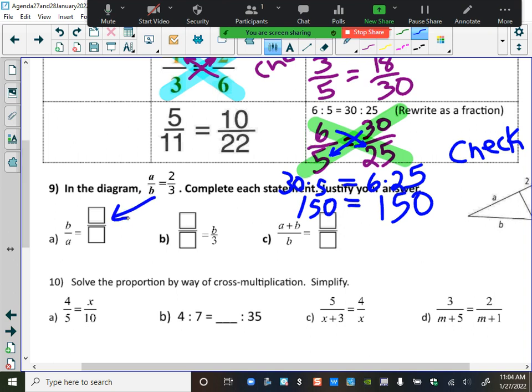So if you flip A and B, do you keep your numbers or do you have to flip them as well? Flip them. You have to flip. That's the key. So watch your order.